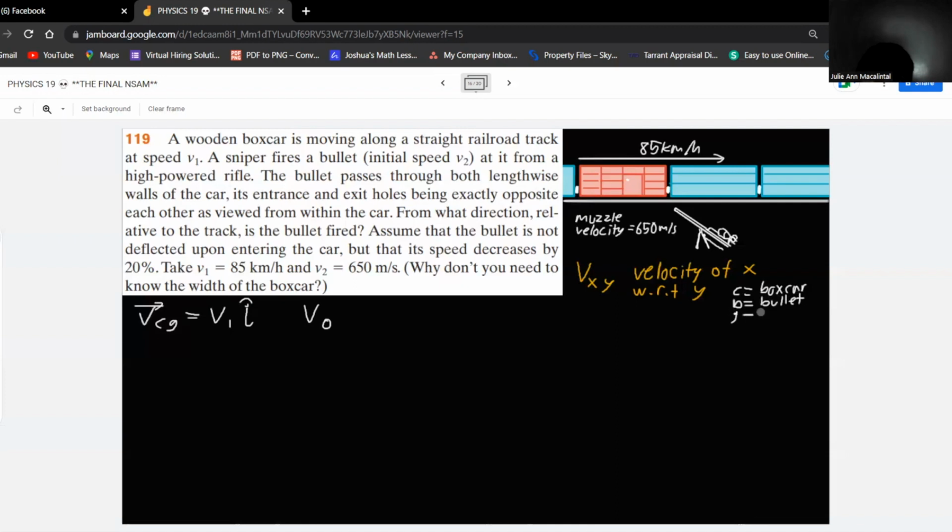Mukhang ignore gravity muna, mukhang yun talaga yung approach dito.